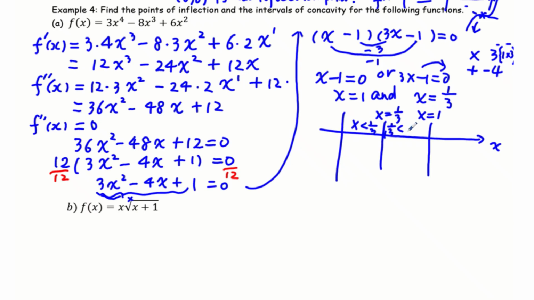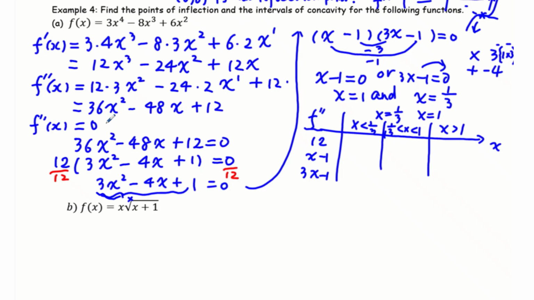Between 1/3 and 1, and x greater than 1, here we are looking for whether f double prime is positive or negative. So we want to use this factor form. We have 12, then x minus 1, 3x minus 1. These are the factors of f double prime.